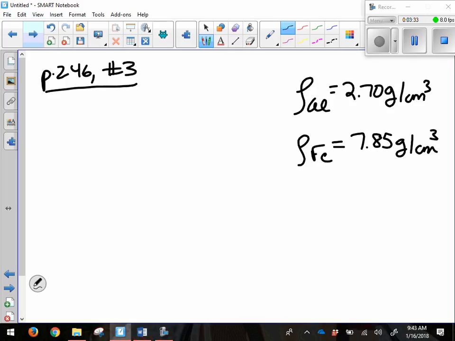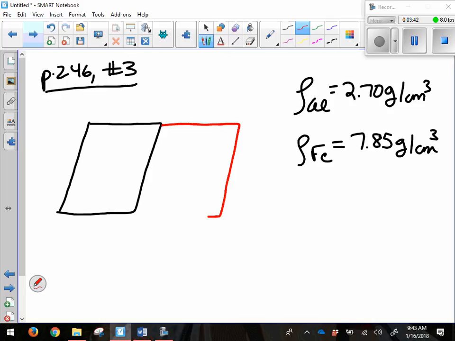Okay. So we've got our slab here, and our slab is made of two different things. So there's going to be the aluminum side over here and the iron side over here.